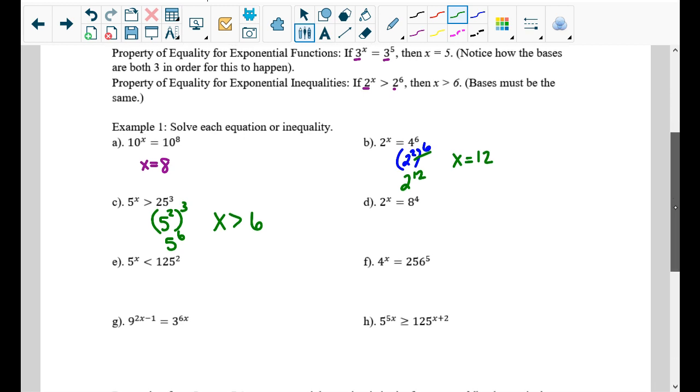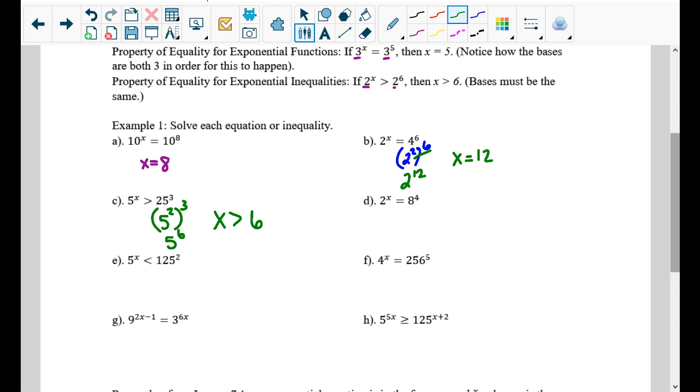So it's a little harder now. 2 times 2 is 4, that's squared, times 2 is 8. So that 8 is 2 to the 3rd power, taken to the 4th. And multiplying the 3 and the 4 gives me 12. So that's 2 to the 12th power. So then x, again, is another 12.